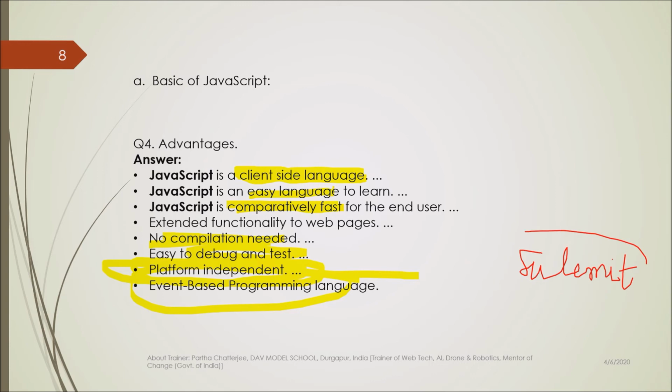If you click here, then only the rest of the work will start. So that is why it is an event which you need to access for the next part of the execution of the program. So that is why it is known as event-based programming. Okay.